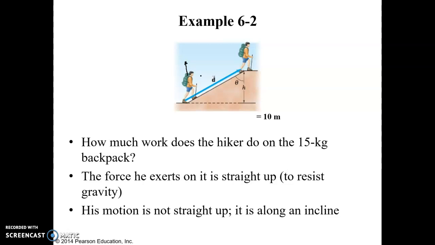So what we have to remember is that the work being done on the backpack has to be parallel to the motion. If the force is straight up but he's moving at an angle, those two things are not parallel to each other.